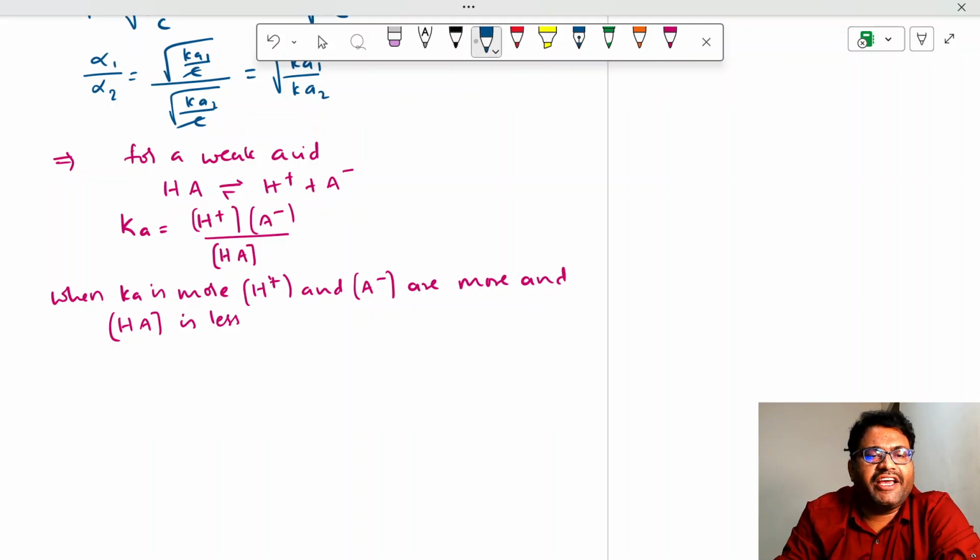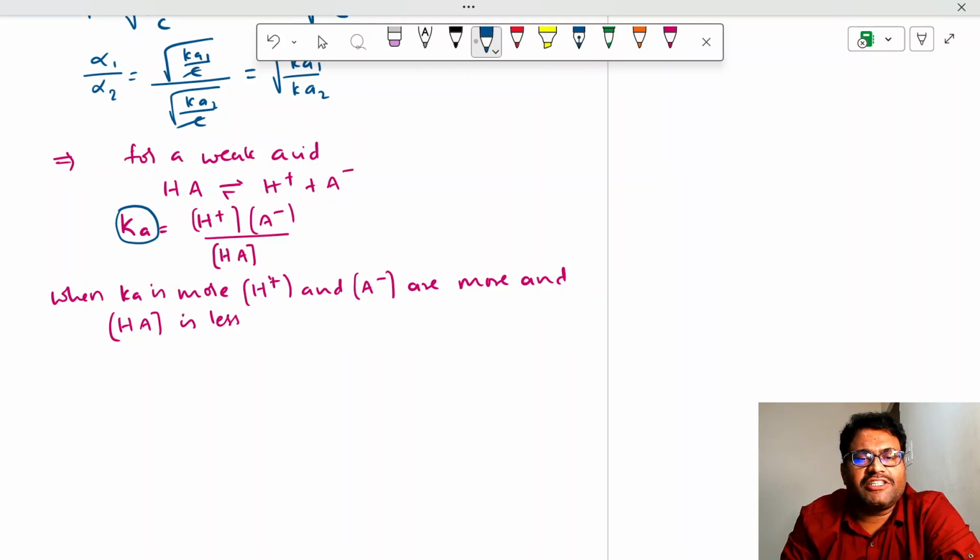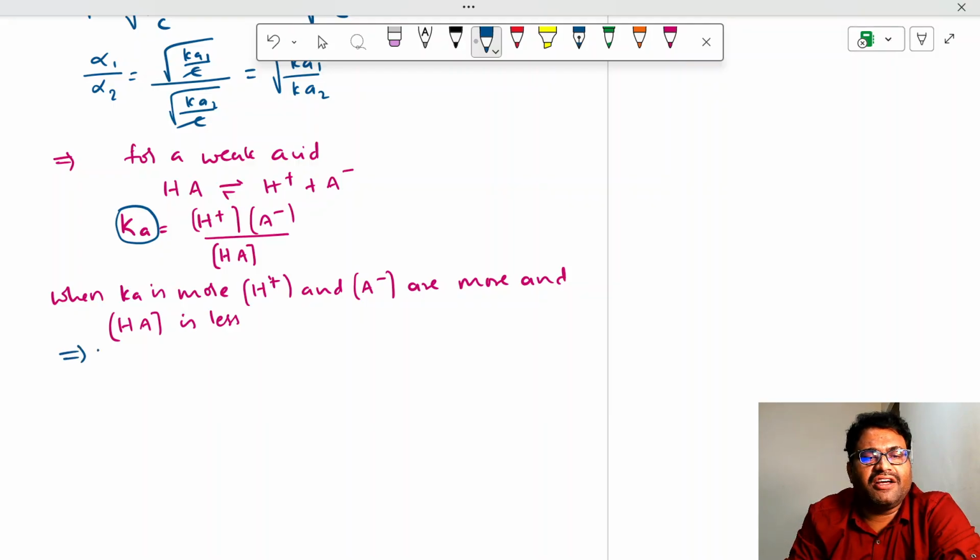Numerator more, denominator less. What does that represent? That represents that the reaction is more in the forward direction.